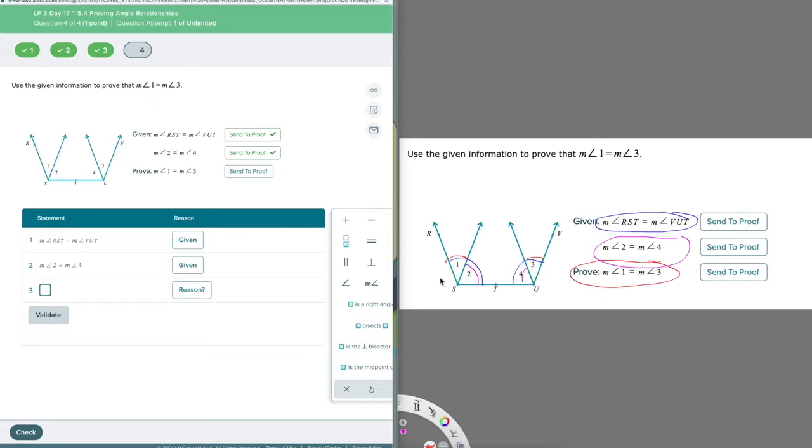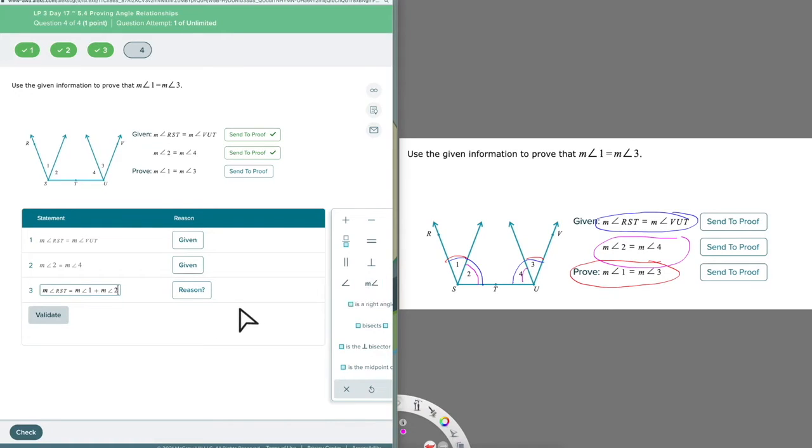So now what I want to do is start messing with this whole angle. I'm going to say the measure of angle, sorry, not angle 1, I don't know why I'm saying that, RST equals the measure of angle 1 plus the measure of angle 2.